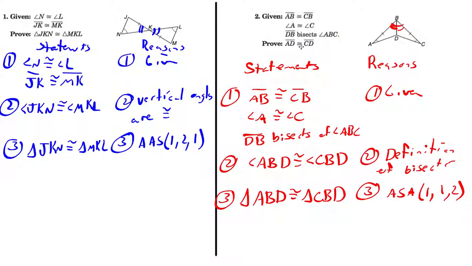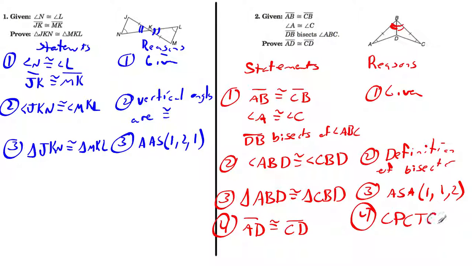But notice, that's not what I was trying to prove. I was trying to prove that side AD is congruent to side CD. Well, actually, I can say that because of CPCTC. Corresponding parts of congruent triangles are congruent.